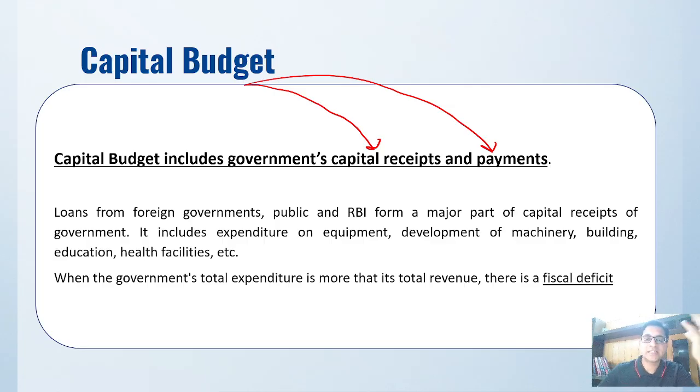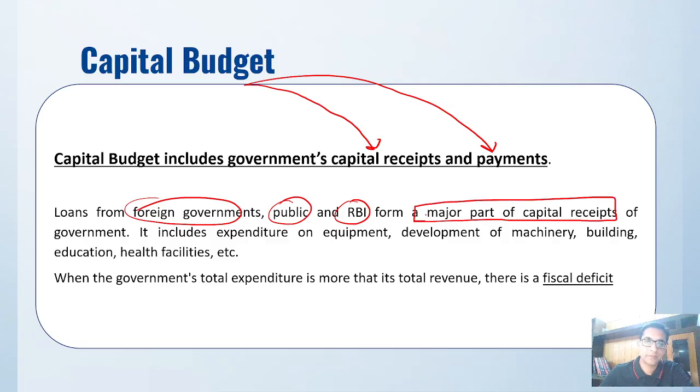If you are raising money from foreign governments, if you are raising money from the public in the form of bonds or whatever it is, if you are raising money from the RBI, they are major sources of capital receipt of the government. Okay, here normally you do expenditure on equipment, machinery, buildings, and again education and healthcare. Okay, so whenever the government's total expenditure is more than total revenue, it is called fiscal deficit. So this we are going to do in the next step.